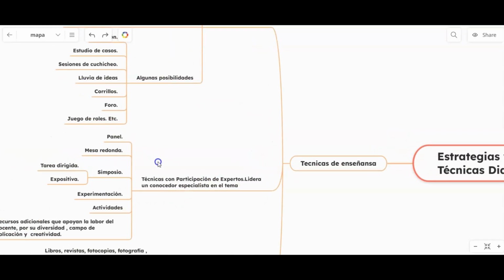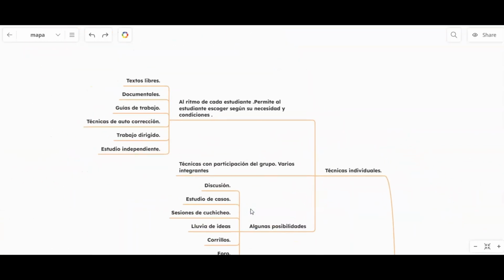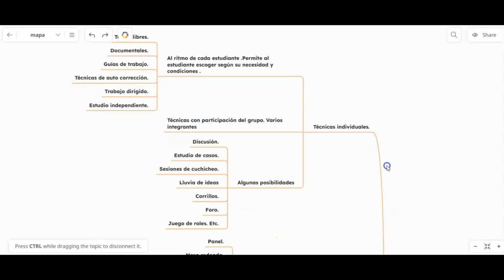Now we are going to check individual techniques for the students to learn. In this case, they will have to do it at their own pace. We will have free reading texts, documentaries, work guides, self-correction techniques, direct work, and independent study.